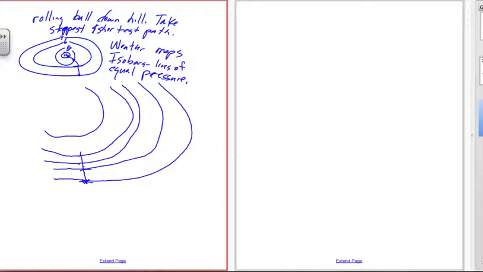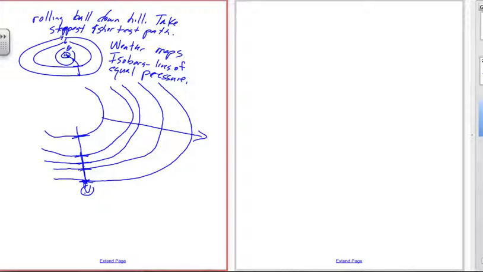You're perpendicular to the tangent line. All right, your path will be perpendicular to the tangent line. And that gives you the direction the wind's going to blow. And you know that it will be blowing harder here than it will be here because these isobars are closer together. So you have a higher wind speed here than you have here.